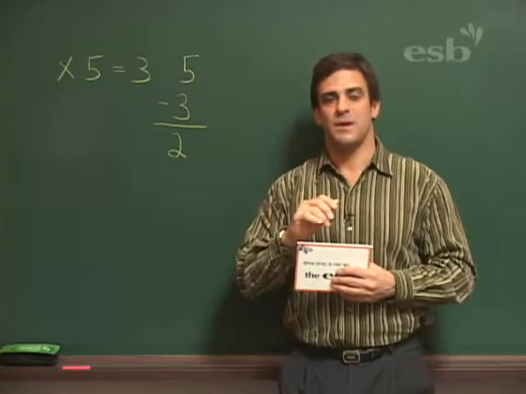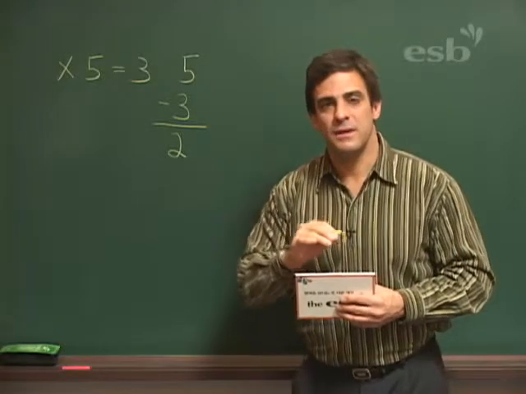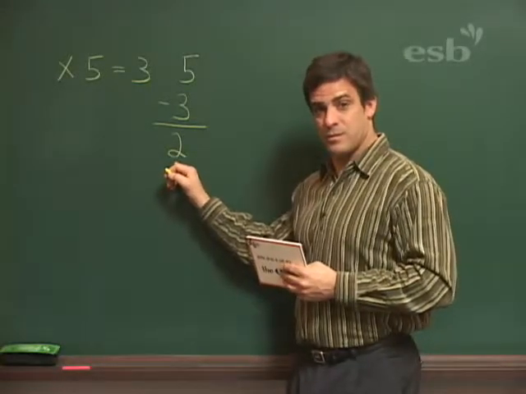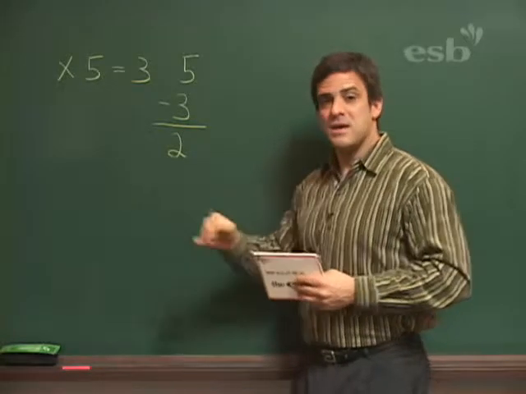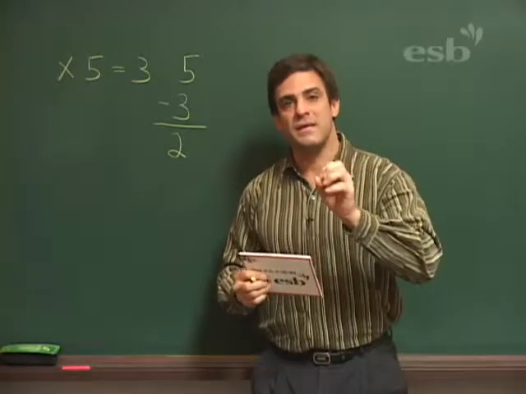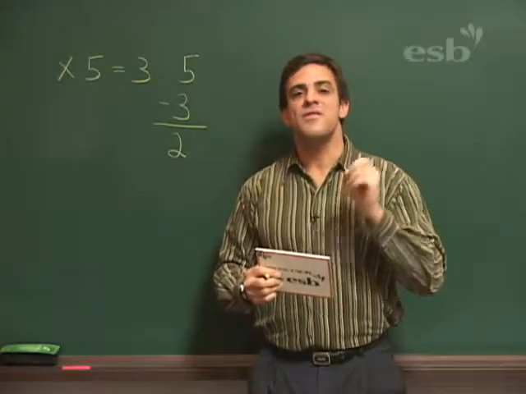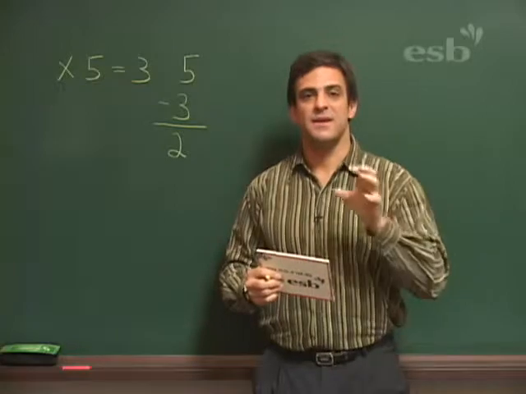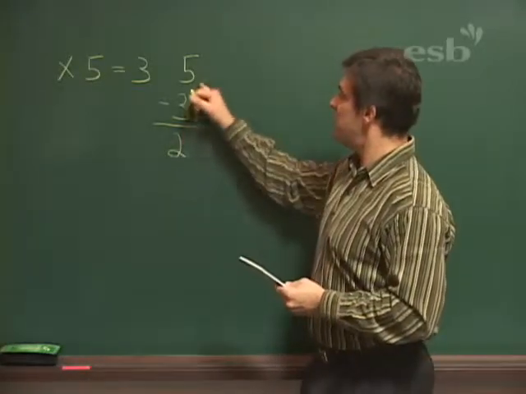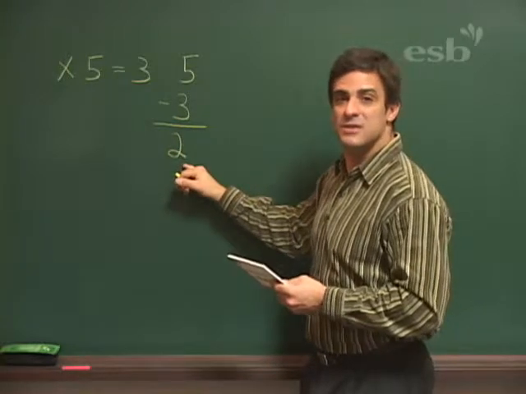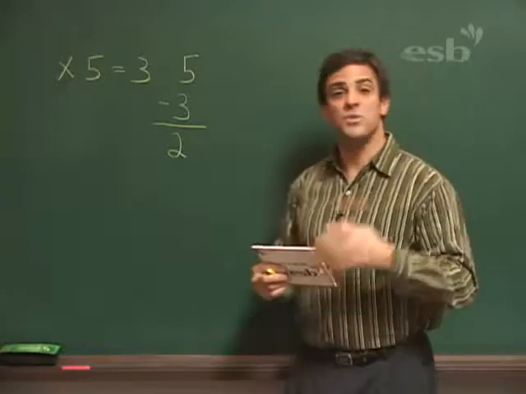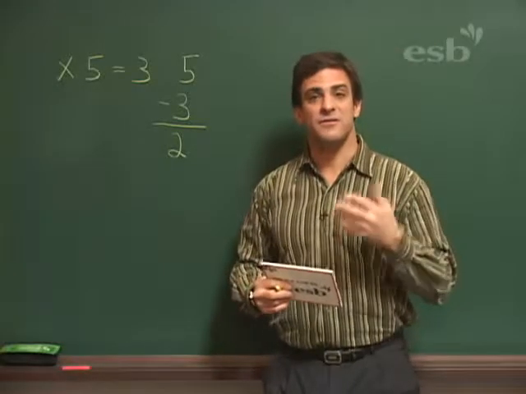Perfect. What's the answer? The answer to the problem is 2. With a subtraction problem, the answer is called the difference. So the difference between 5 and 3 is 2. The difference is what you get after subtraction.